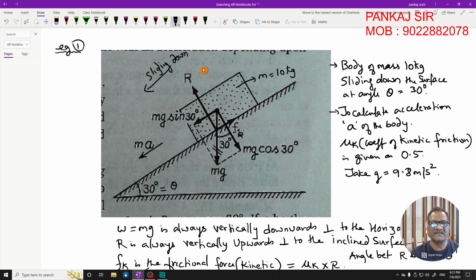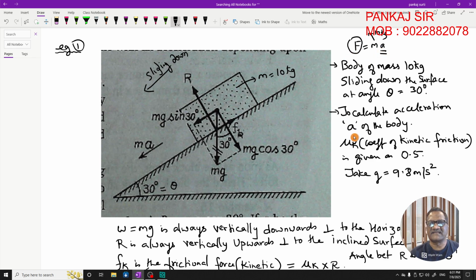The mass of the body is 10 kg, and F equal to ma is the formula. This F, the downward force, you will have to calculate, and after calculating the downward force, you will have to find the acceleration.